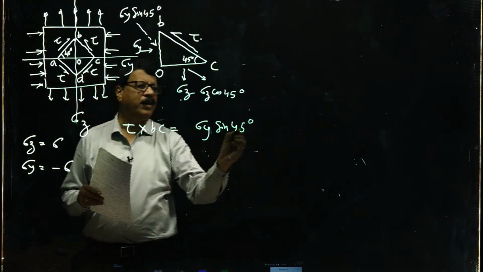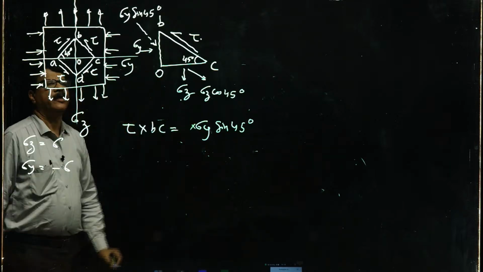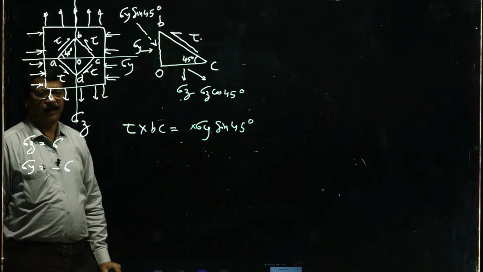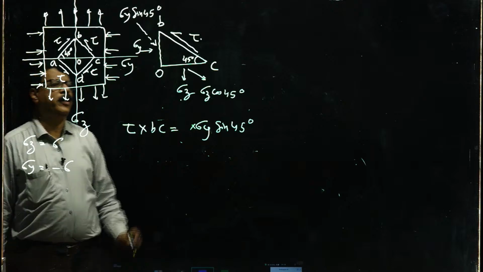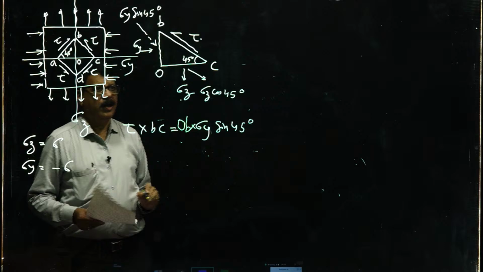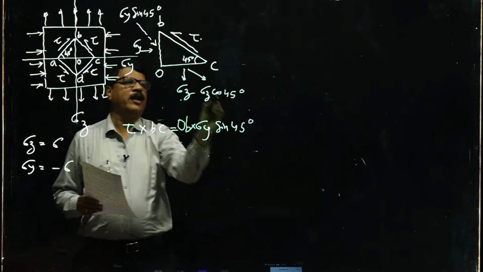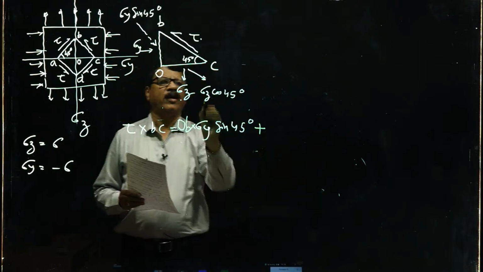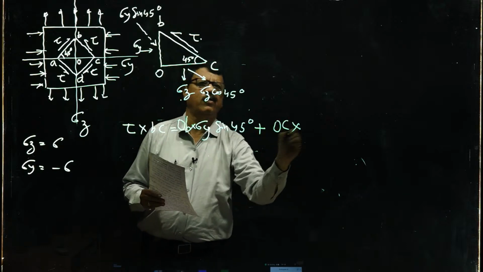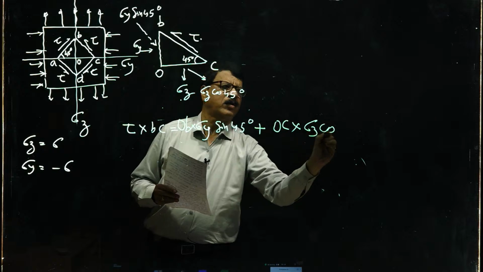Which length do you multiply for sigma y? Sigma y acts on which length? OB, yes. You multiply the length OB to find the total force. This is in one direction and these two are in the same direction. So again for sigma z you multiply by OC: OC into sigma z cos 45.